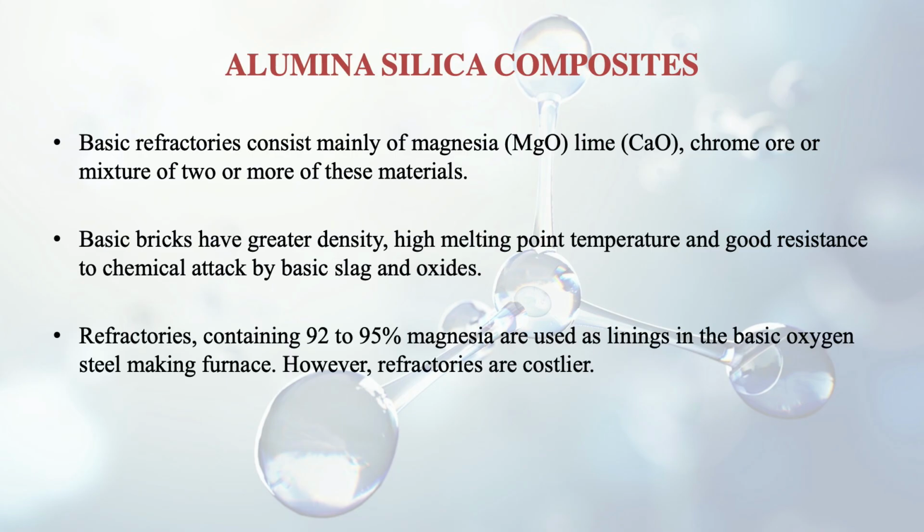There are refractories containing 92 to 95% magnesia, and these are used as linings in the basic oxygen steel making furnace, which we have learned about earlier in our sessions. But refractories with this kind of lining are costlier.